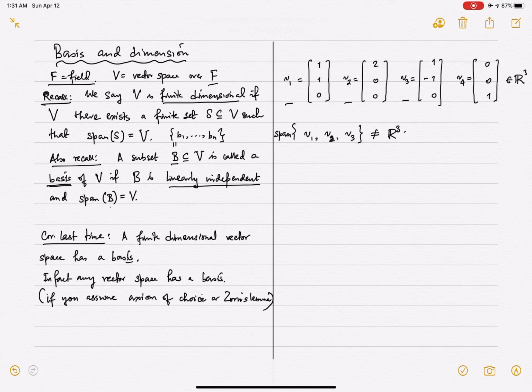If you multiply v1 by a number, v2 by a number, and v3 by a number and add, the last coordinate is going to remain 0. So you can never write, for example, this vector as a combination of v1, v2, v3. So these don't span. But if I take all 4, if I throw in (0, 0, 1), then you can check that every vector can be written in terms of this. So this is indeed R^3. These 4 vectors, this set is not linearly independent.